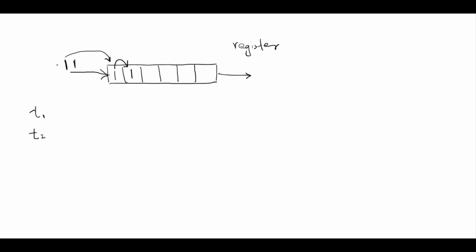Now let's suppose at time instant t3, you apply a logic level 0. And what will happen? This 1 will shift here, this 1 will shift here, and this 0 will be stored here. So it will become 0, 1, 1.